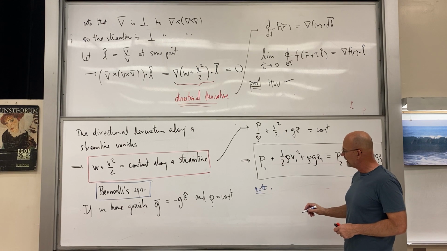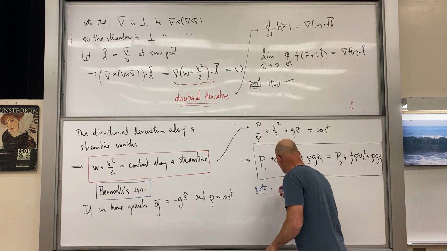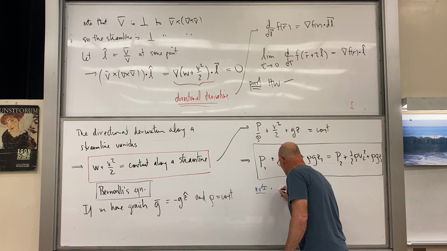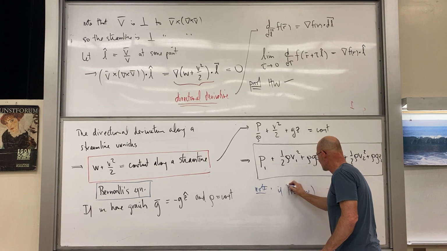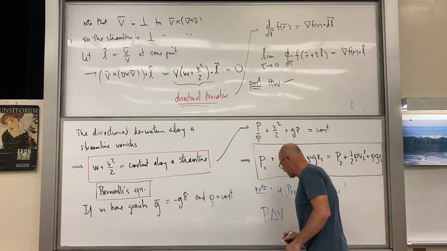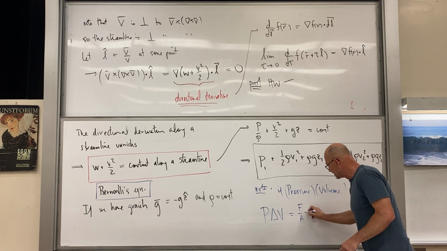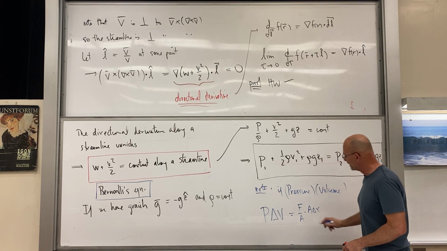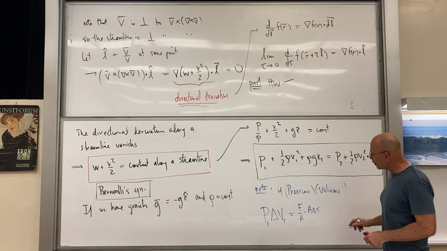Note, if you start with pressure times volume, so if you have P times delta V, you know that's force per area times delta X. So you have P1 delta V1, force per area times delta X. That's work, right?